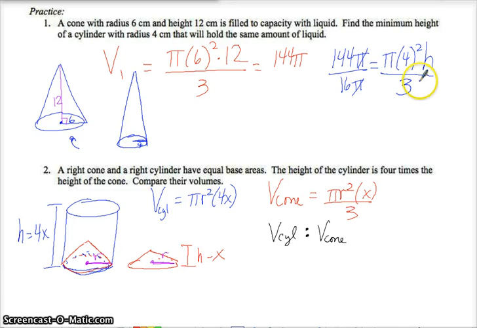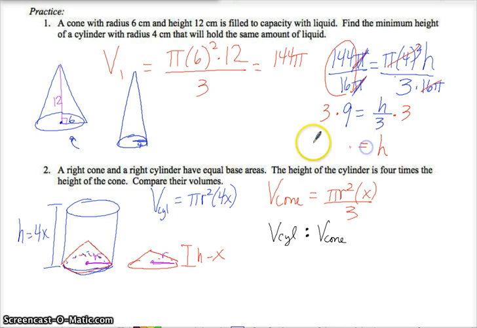so what do we have? 4 squared times pi, which is 16 pi, so I can divide each side by 16 pi. So I get 16, the pi's cancel. 144 divided by 16, we get 9. So 9 equals h divided by 3 now. Right, so these cancel like this, the pi's cancel. 144 divided by 16 is 9, but now we have to get rid of our 3 by multiplying by 3.